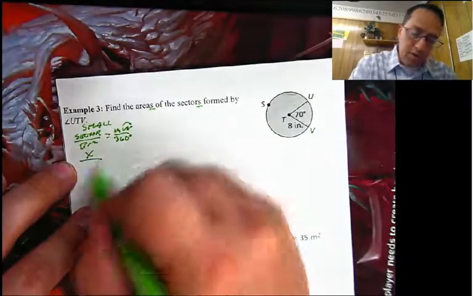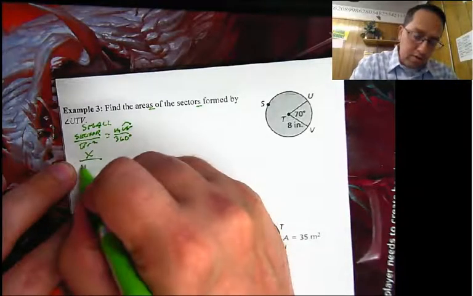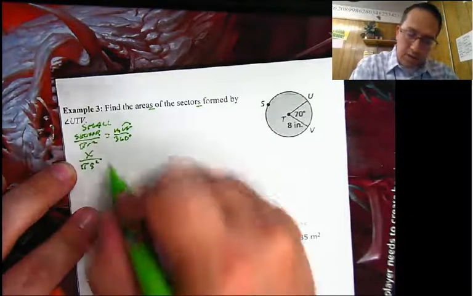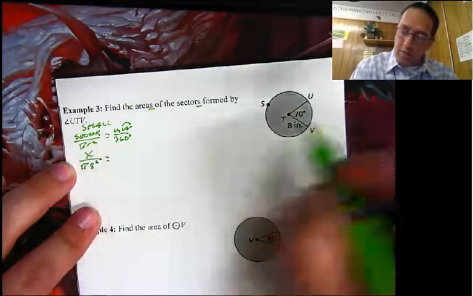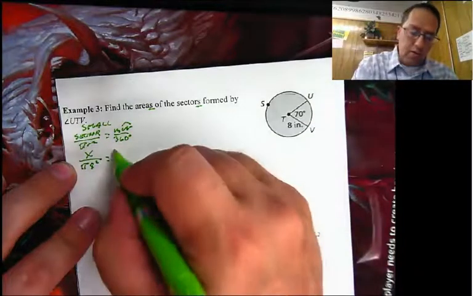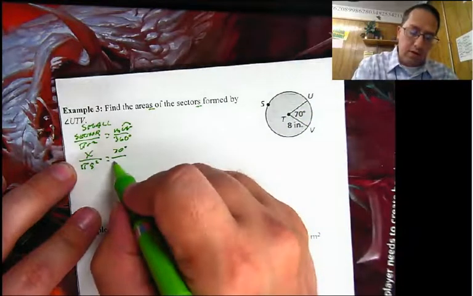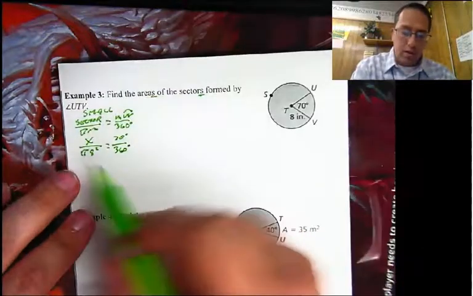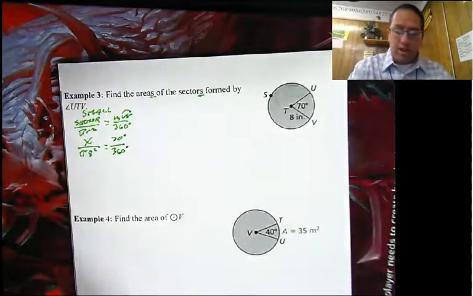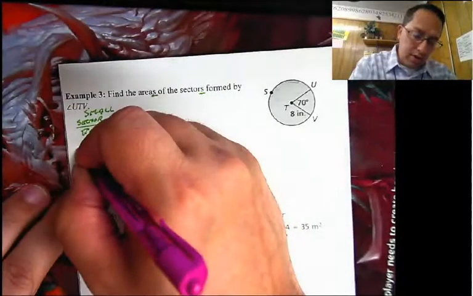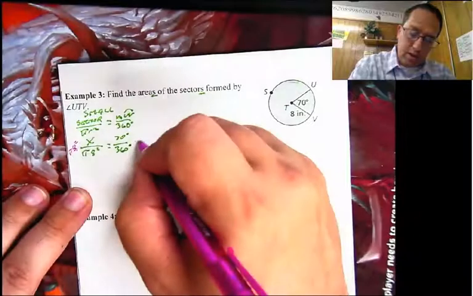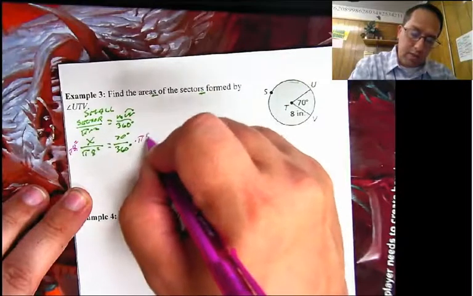That's what I'm looking for, over pi r squared. So we have pi times r, which it tells us is 8, squared, equals the measure of the arc, which is 70 degrees, divided by the angle for the entire thing, which is 360 degrees. Multiply both sides by pi times 8 squared.